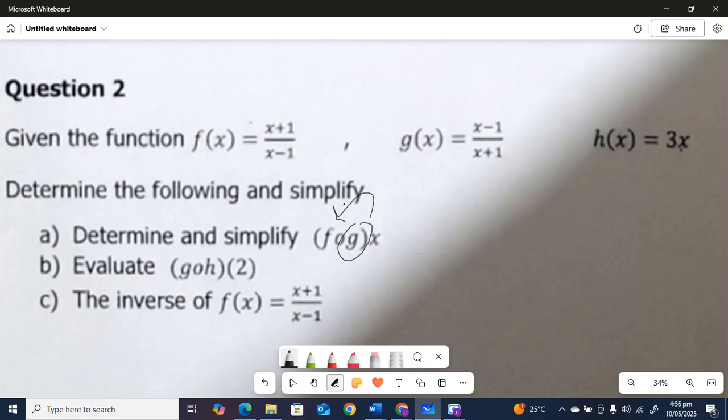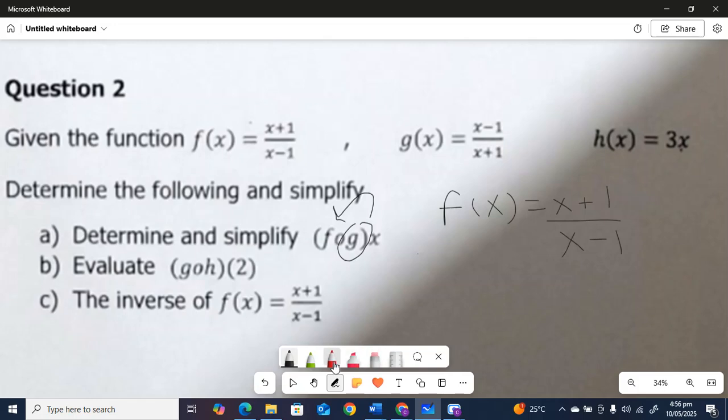g. Okay. So let me first write our f function here. f of x equals x plus 1 over x minus 1.